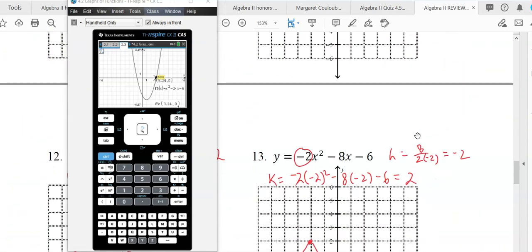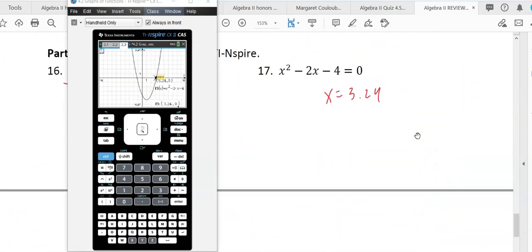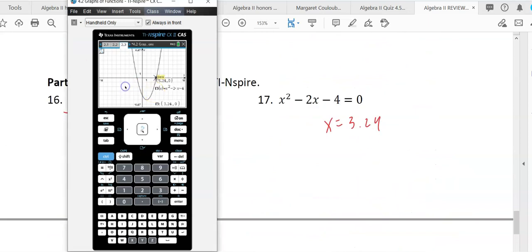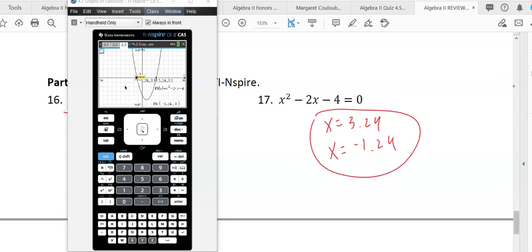Gotta go back to the calculator, controlling the PDF here for a second. So on the calculator screen, if I cursor left, negative 1.24, x equals negative 1.24 actually. Okay.